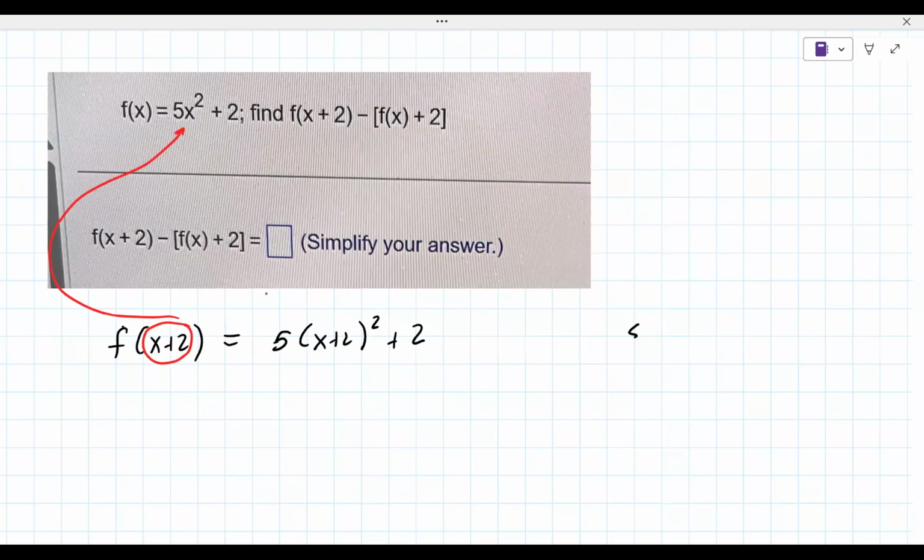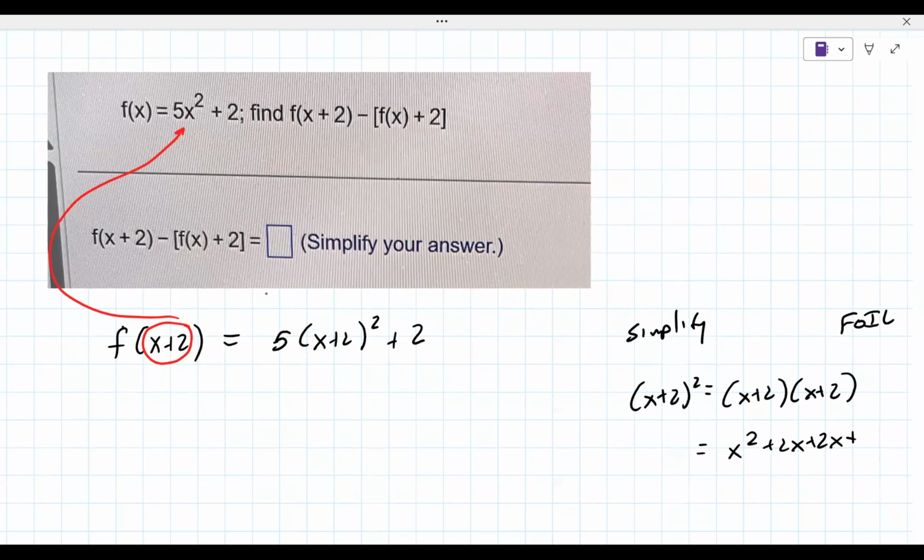Now you do want to simplify this, which means you have to expand the x plus 2 squared, and that means x plus 2 times x plus 2, and that's where you have to FOIL. So that's x squared plus 2x plus 2x plus 4, x squared plus 4x plus 4. So it's 5 times x squared plus 4x plus 4, plus 2.